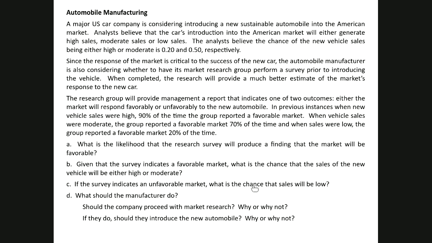The manufacturer is thinking about introducing a new automobile. There's three things that could happen when the automobile is introduced. The sales will either be high, moderate, or low. All right, and there's probabilities associated with them.